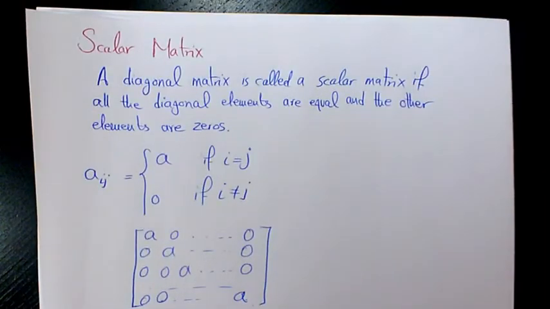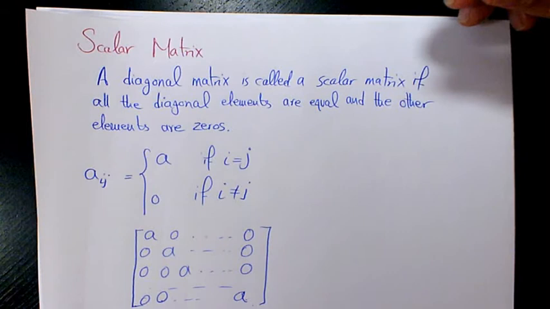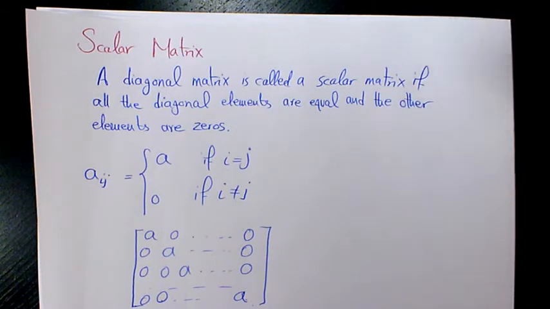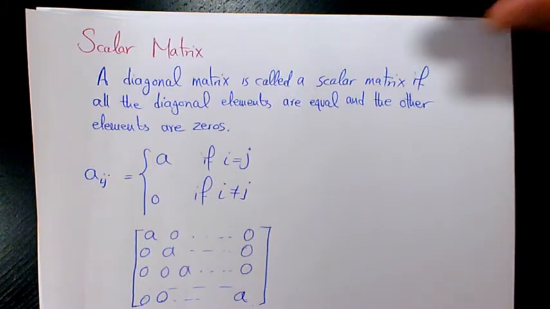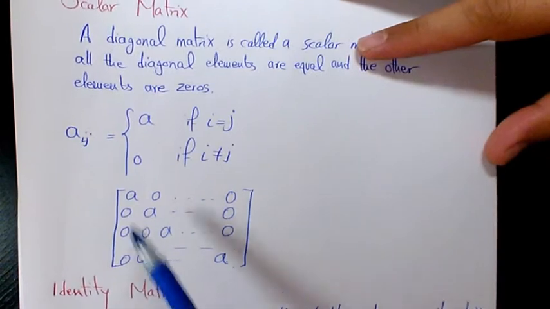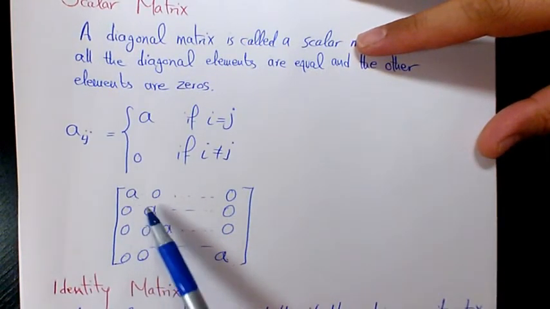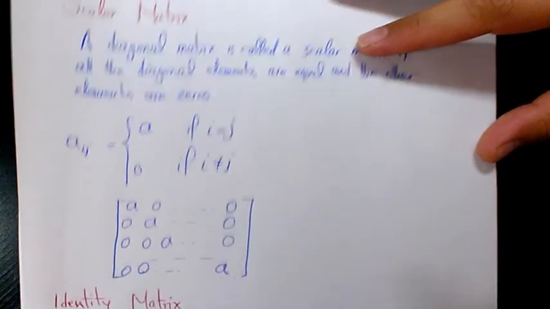Now, what is a scalar matrix? A scalar matrix is a diagonal matrix if all diagonal elements are equal and the other elements are zeros. So it means that we have a diagonal matrix and all diagonal elements are equal. So for example, here, all the way along the diagonal line, and the rest is 0.